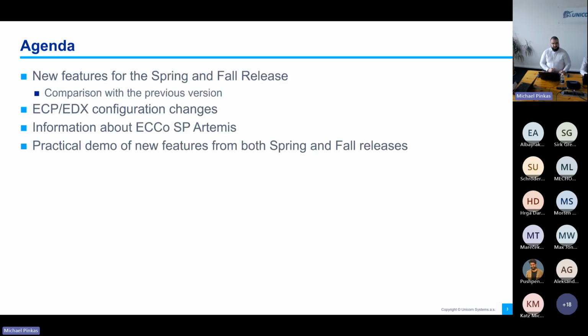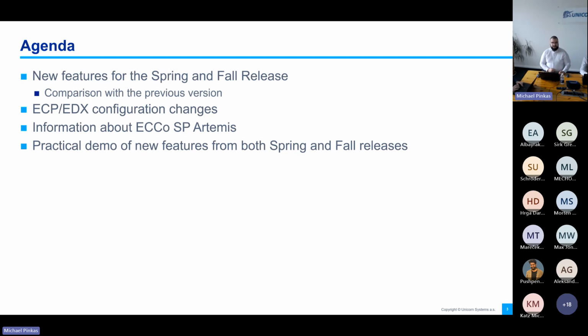Regarding today's agenda, we will go through some new features for the spring and fall releases. There will be a small comparison of the deployment with the previous version. By the previous version, it's meant the latest ActiveMQ version, which is ECP 4.12 and EDX 1.13. So we will compare the deployment with that version.